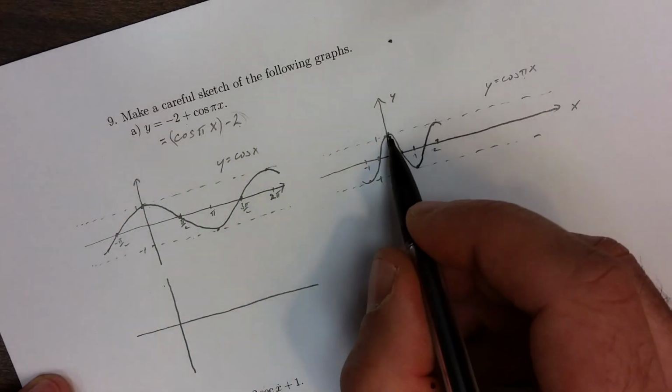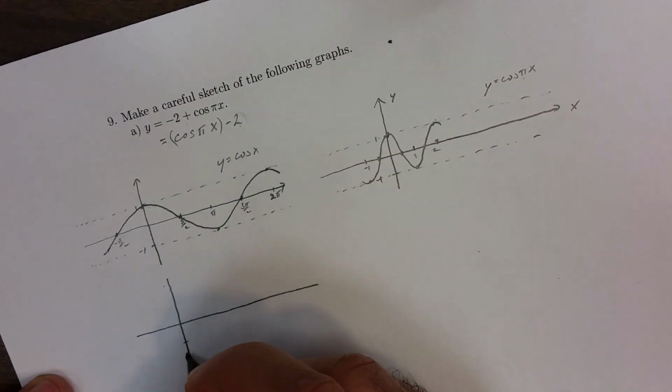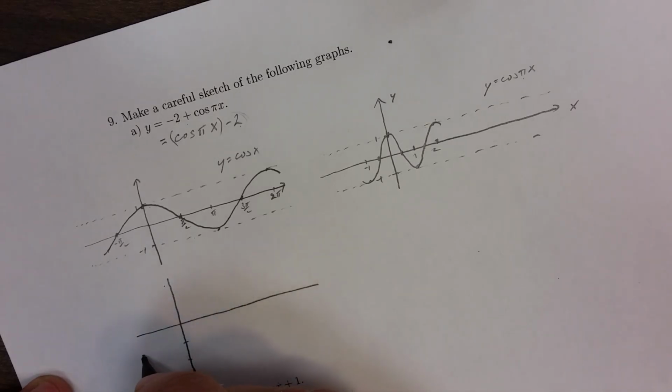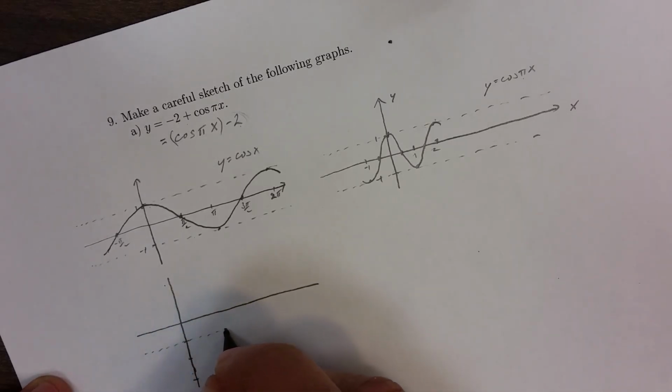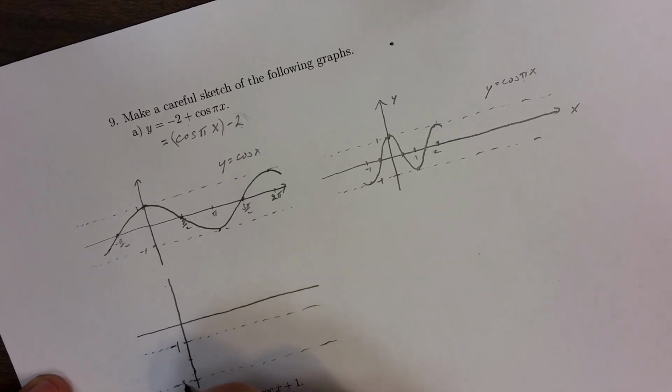So if we move the whole thing down by 2 units, the bottom goes down to -3, and the top goes down to -1. So I will sketch in y equals -1. And the bottom is at height -3. The middle height is -2.